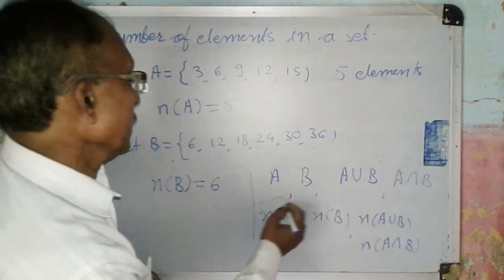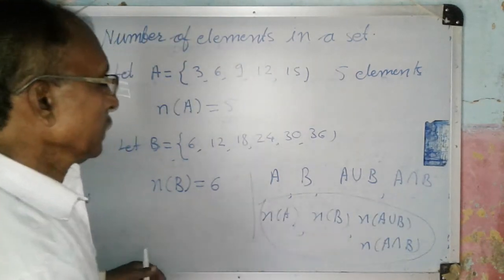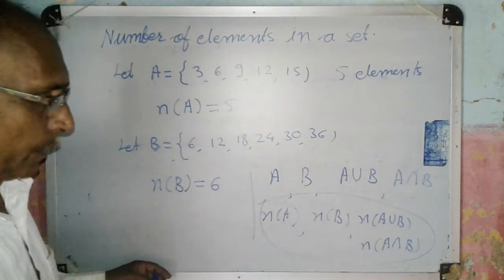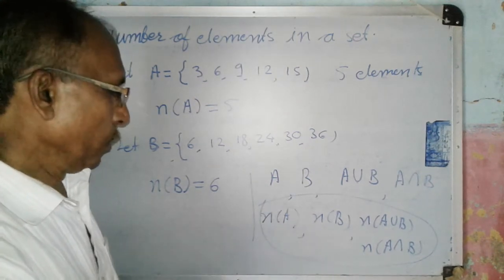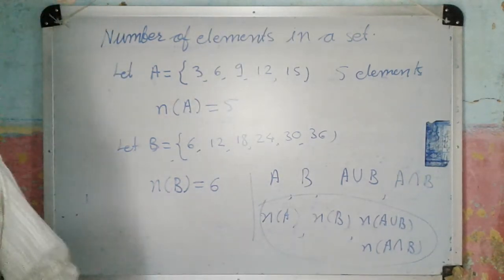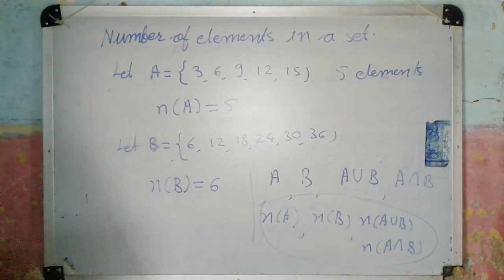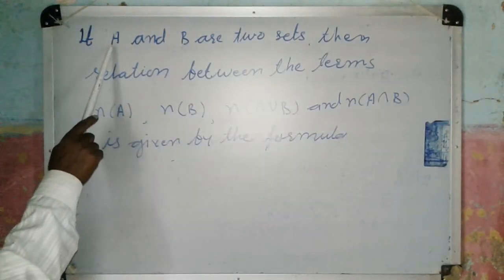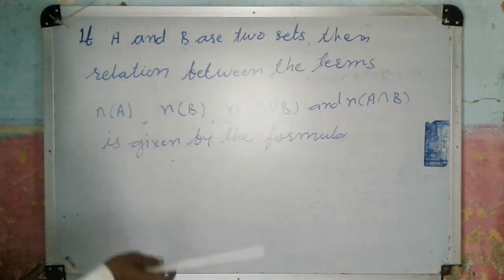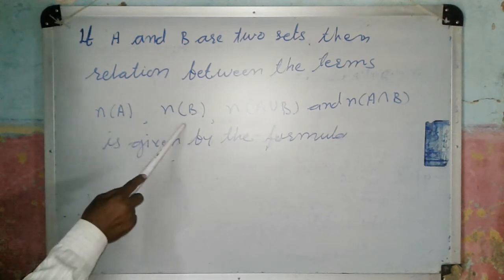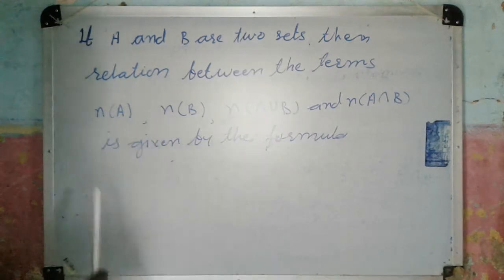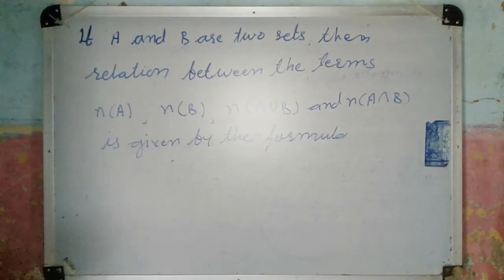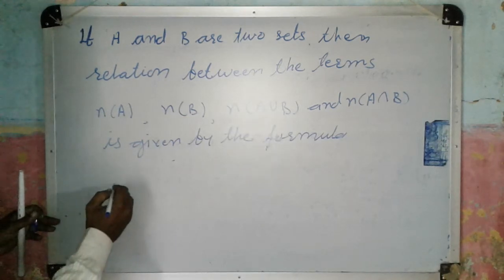Now see here, there is a relation in these 4 terms. That relation is given by the formula. That formula now we will learn. Suppose A and B are two sets, then the relation between these terms, number of A, number of B, number of A union B and number of A intersection B. These are the 4 terms. So the relation between these 4 terms is given by this formula.